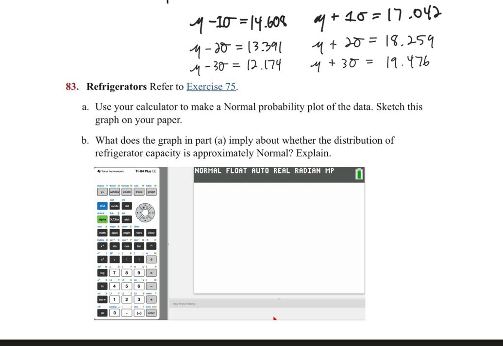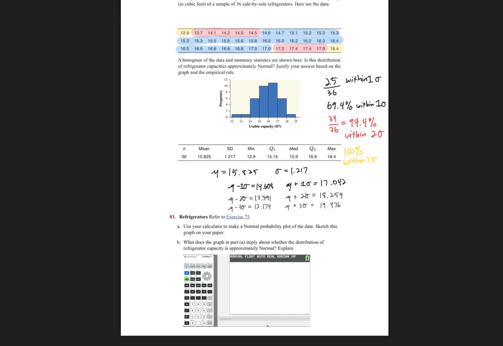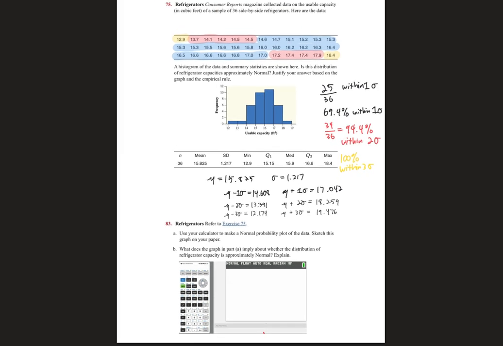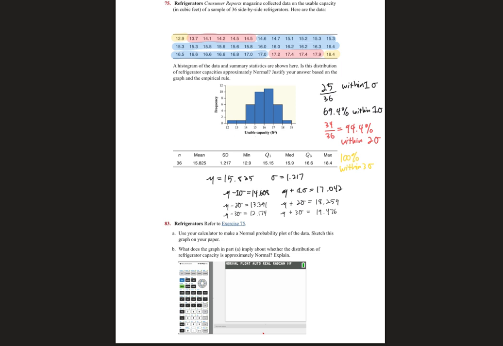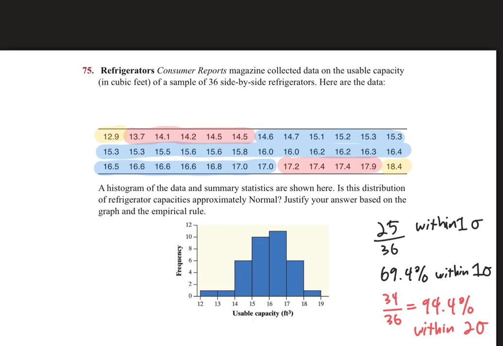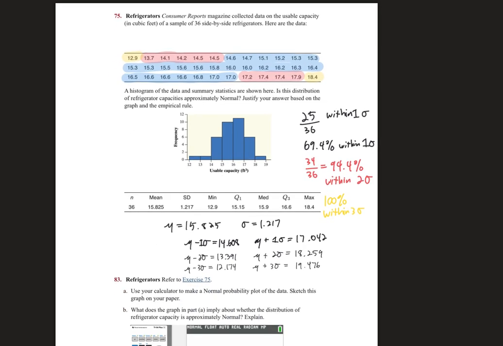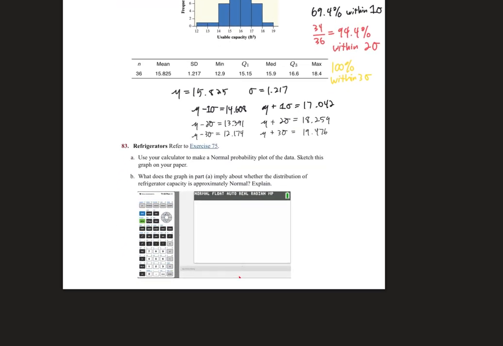So we want to convert all the values that are in that table up there to z-scores, and then we'll plot them. All the values in the chart will be on the x-axis, and their corresponding z-scores will be on the y-axis. So let's do that first.